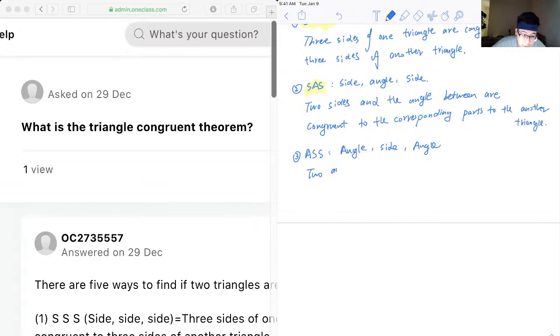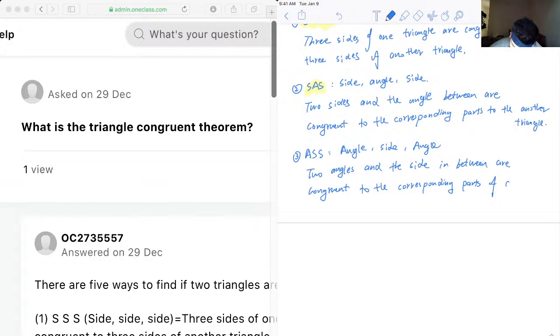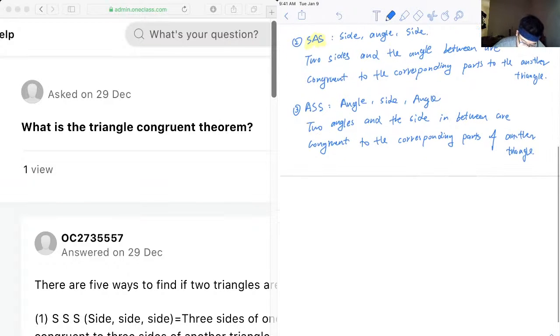So this means 2 angles and the side in between are congruent to the corresponding parts of another triangle. Okay, so that's angle, side, angle.